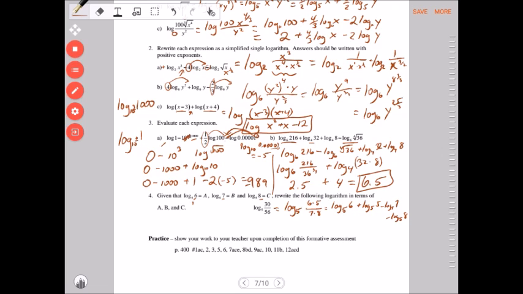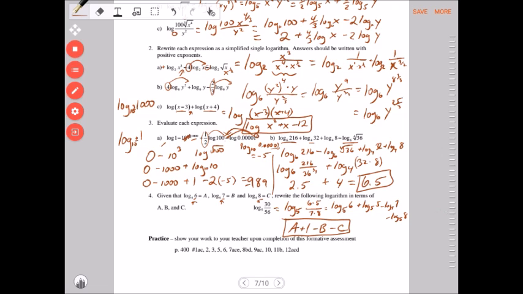We want 6s, 7s, and 8s. So log base 5 of 6 was A, plus log base 5 of 5, that's just 1, so A plus 1. Then log base 5 of 7 was B, so minus B, and log base 5 of 8 was C, so minus C. So there is the expression written in terms of A, B, and C.